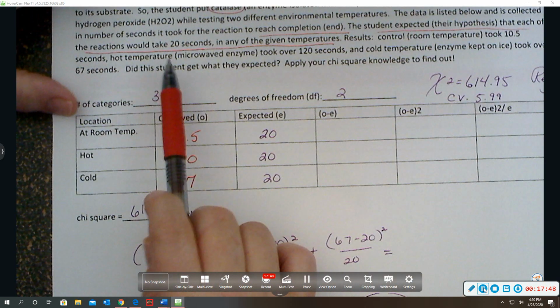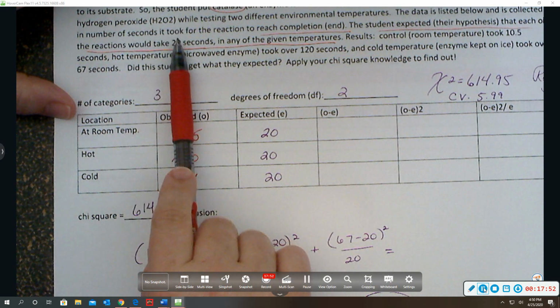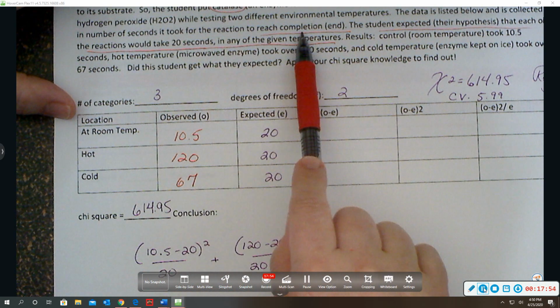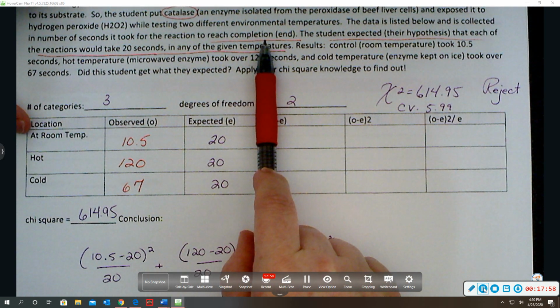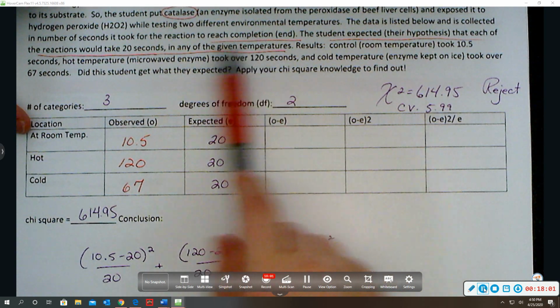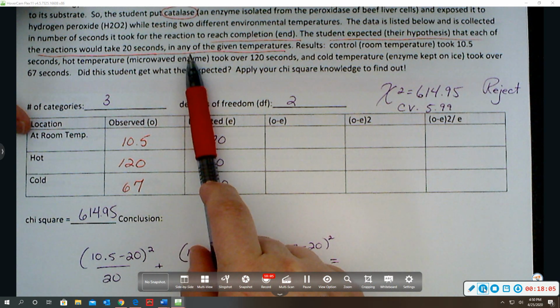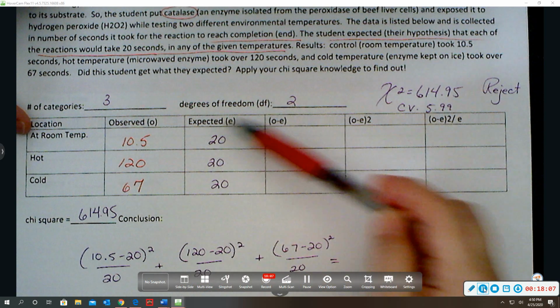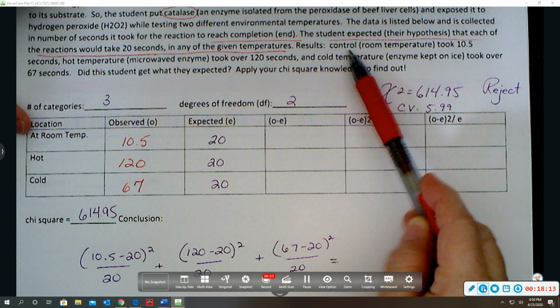And our data is listed below and is collected in number of seconds that it took for the reaction to reach completion. The student expected, in their hypothesis, that each of the reactions would take 20 seconds in any given temperature. So I have that in my expected chart here. But the actual results are as follows.